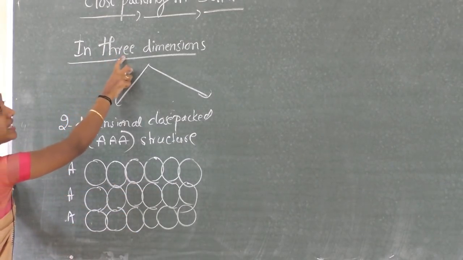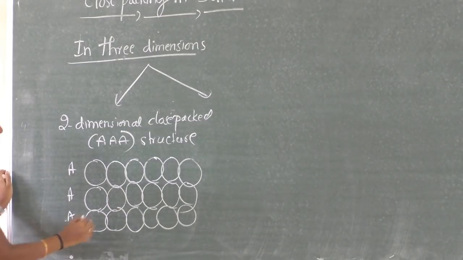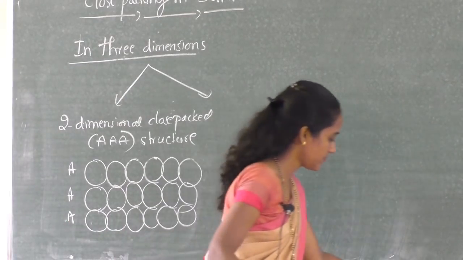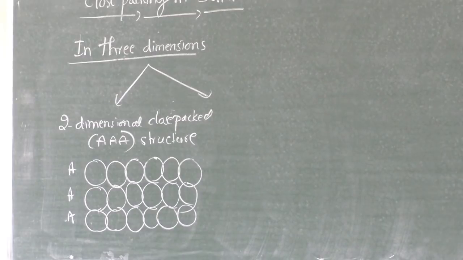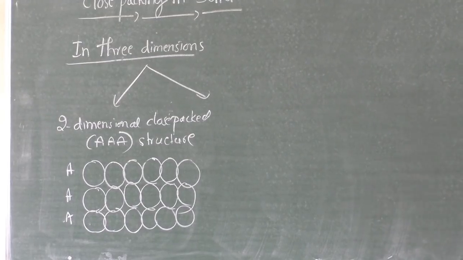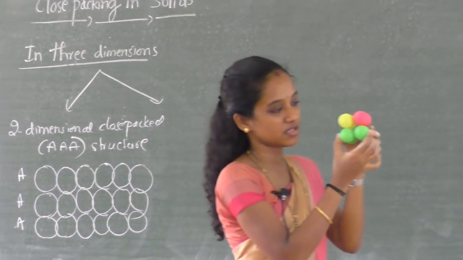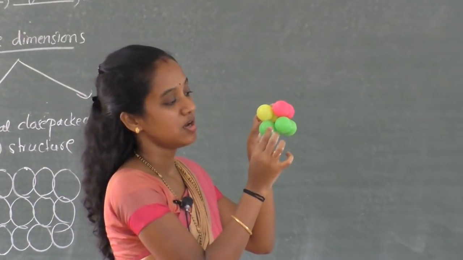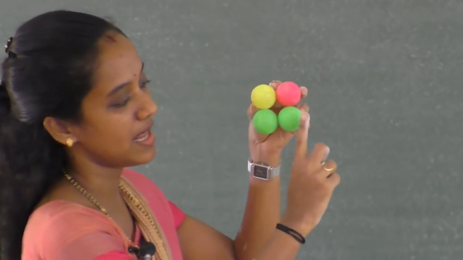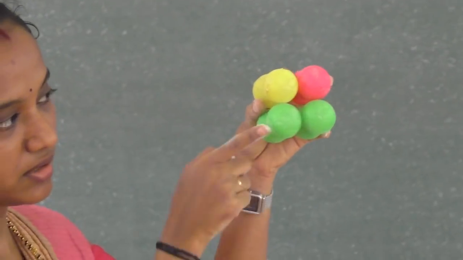Now I need a three-dimensional structure. So what we have to do here is keep one more layer above the first layer. So this is a three-dimensional structure having length, breadth and height.